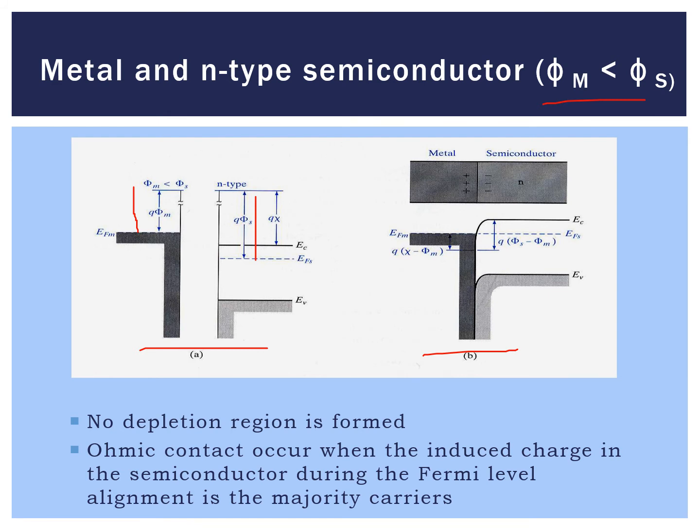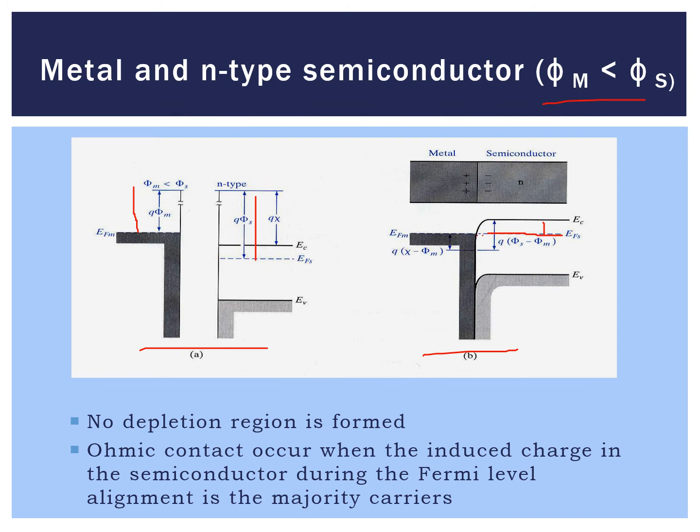Now here, because phi m is less than phi s, in order to align the Fermi levels, you will find that this is the EFS, the Fermi level for the n-type semiconductor. This is the conduction band. In the bulk there is a difference between the EC and EFS, but at the junction you will find that EF and EC, the Fermi level and the conduction band, are overlapping each other.